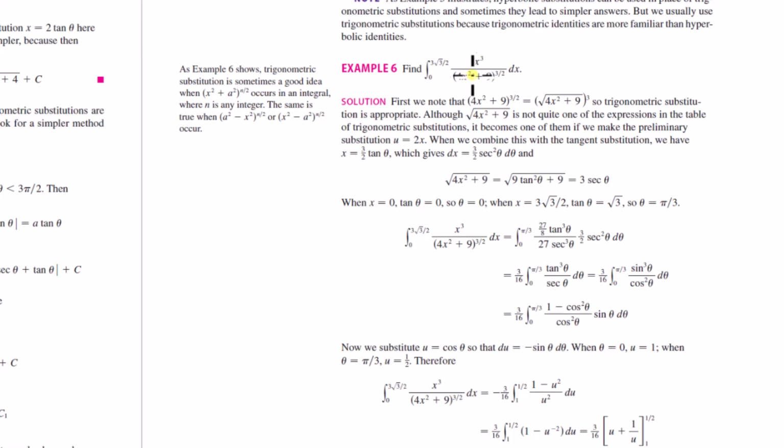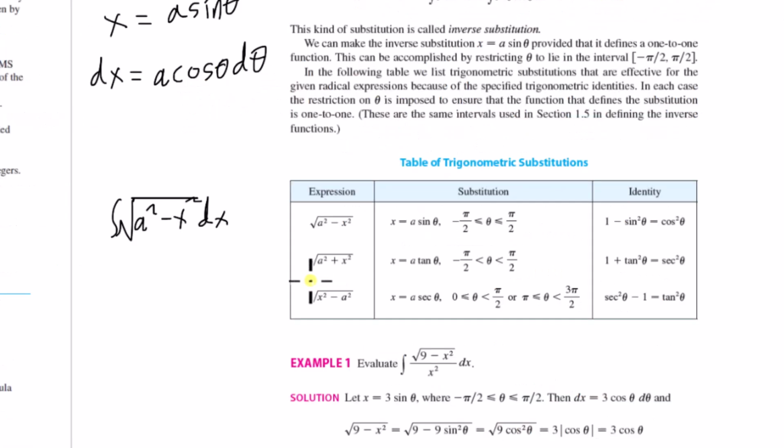The 4x squared is you take 2x and you square all of 2x, and then this is 3 squared. And so what you're going to do is look at it this way. If you say u is equal to 2x, then you can write this as u squared plus 3 squared. That's 4x squared plus 9. Okay, so if we come back, u squared plus 3 squared would fall under this form.